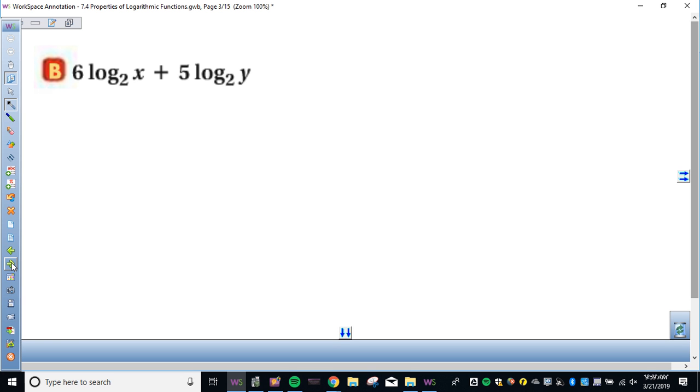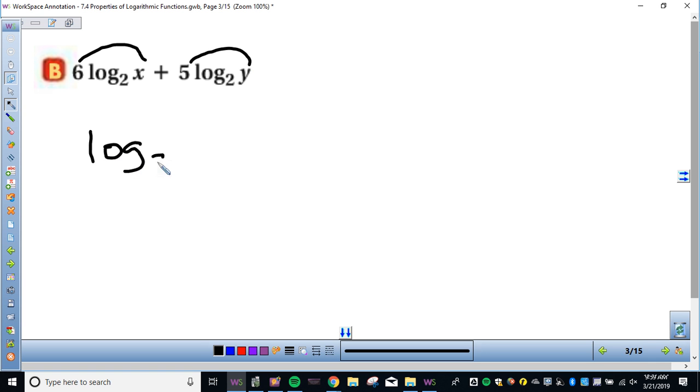So this is a mixture of the product rule and the power rule. When we have the number in front, it becomes the exponent. So we're going to do the power rule first.